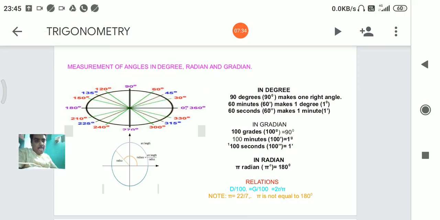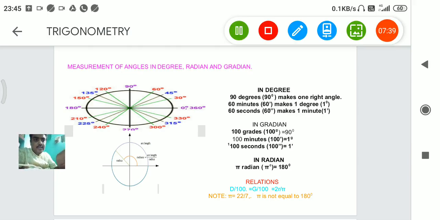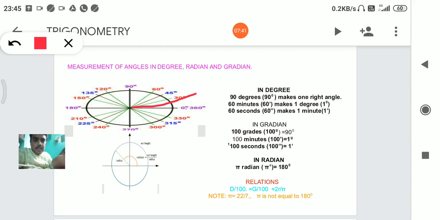Assume this is 1 degree, and this 1 degree is divided into 60 parts. One part is known as 1 minute. So the relation is 60 minutes is 1 degree. And again that 1 minute is divided into another 60 parts, and one part is 1 second. I have given the relations here.